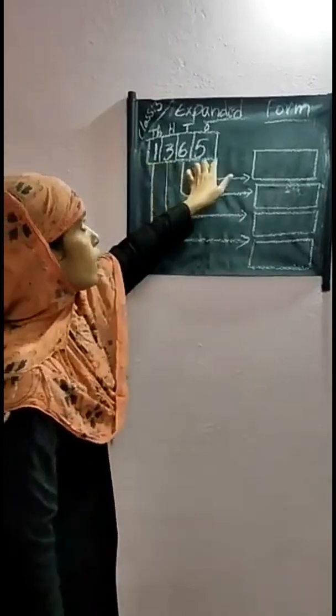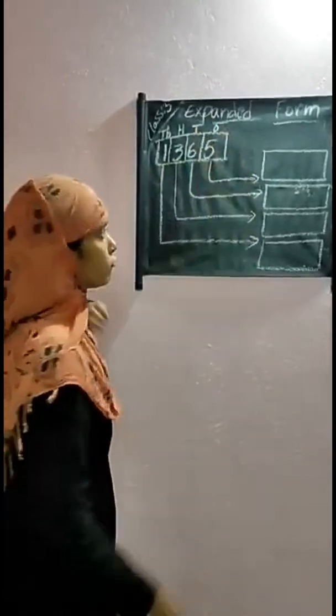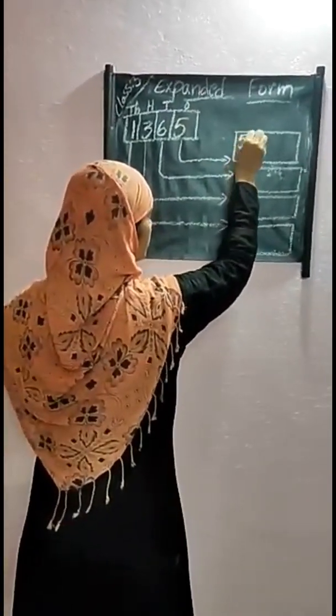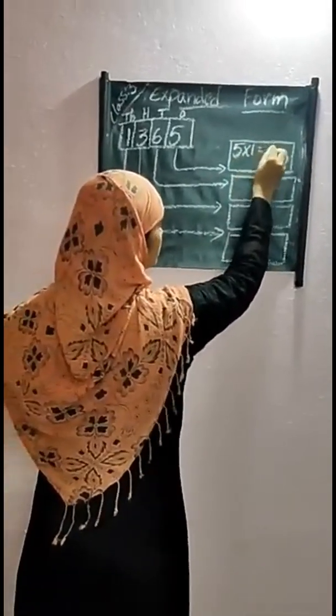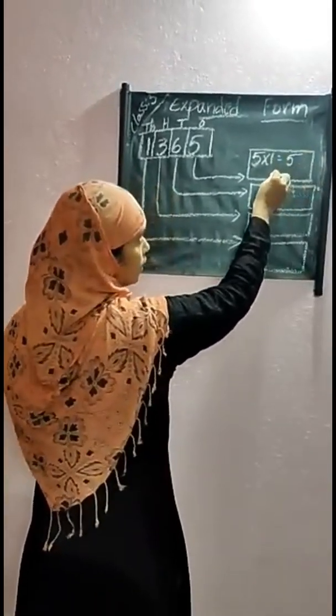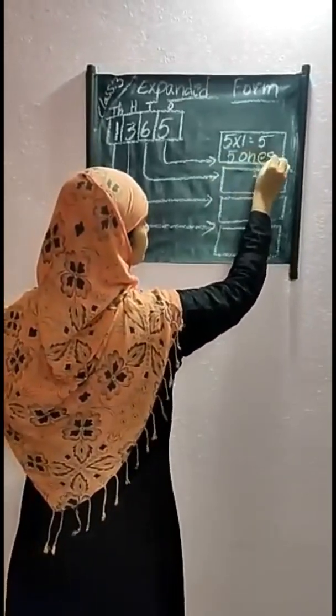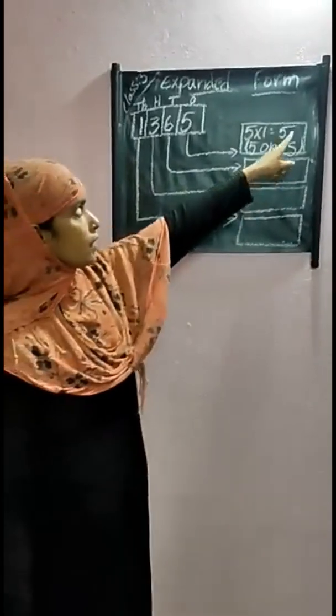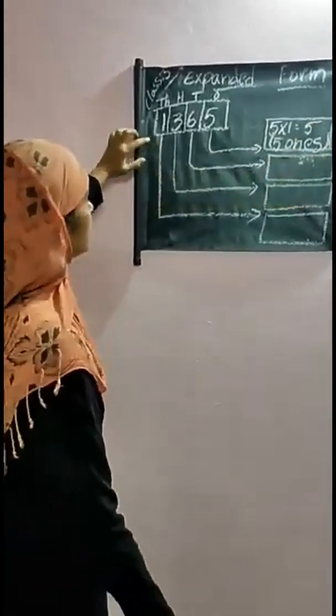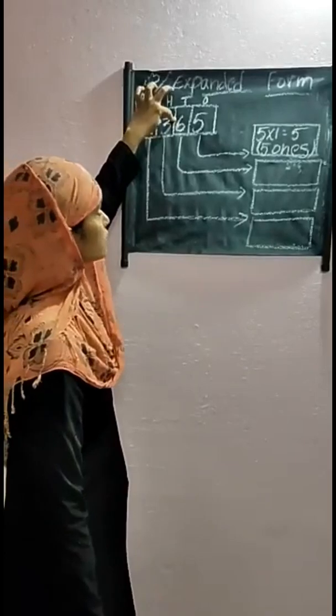Now 5 in the ones place. 5 into 1, that is 5. So we can write it as 5 ones, or we can write 5. Okay. Now 6 is in which place? Tens place.